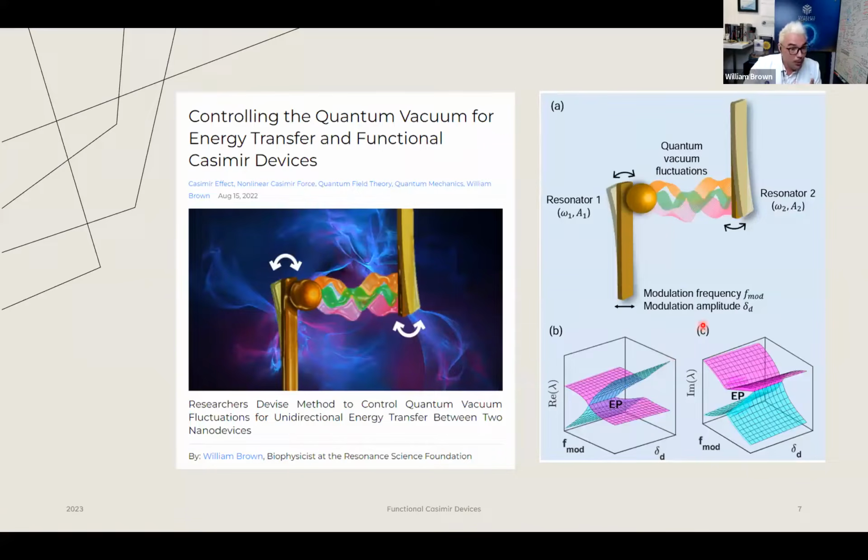So this is one of those examples of moving past the idea of the quantum vacuum energy being theoretical, or should we think of this as real or not? This is an example of understanding that it's very real, very substantive, and engineering devices based on that energy, that 0-point energy density of the vacuum.